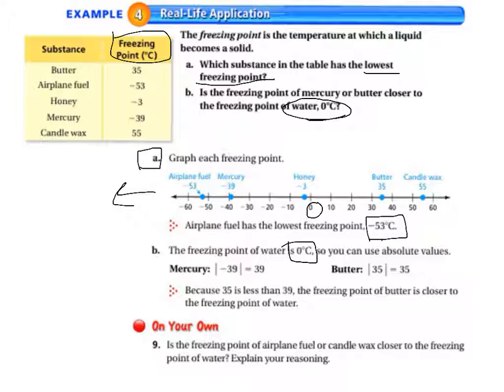The absolute value of mercury's freezing point is 39. So the distance from 0 is 39. And the absolute value of butter's freezing point is 35. So the distance from 0 is 35. Because 35 is less than 39, the freezing point of butter is closer to the freezing point of water.